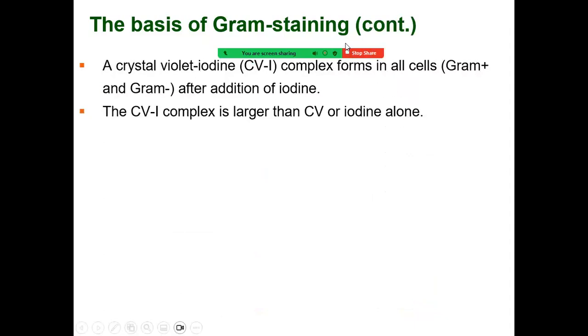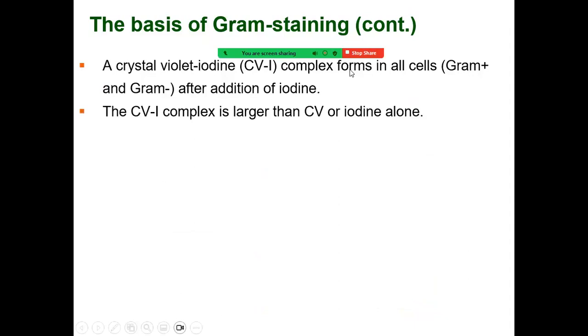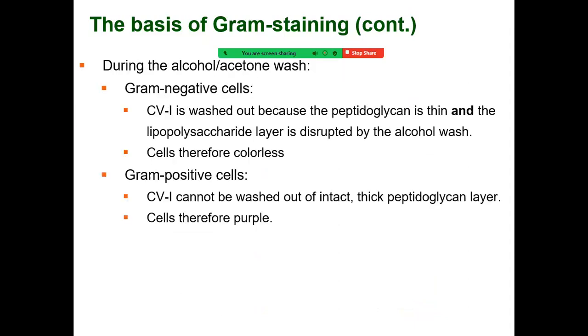So the crystal violet iodine complex forms in all cells, both the gram-positive and the gram-negative, after the addition of the iodine. The crystal violet iodine complex is larger than crystal violet or iodine alone. And during the alcohol acetone wash, the decolorizing step, in the gram-negative cells, the crystal violet iodine is washed out of the cells because the peptidoglycan layer is thin.